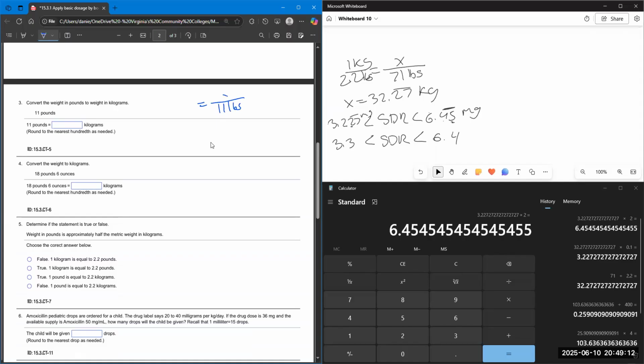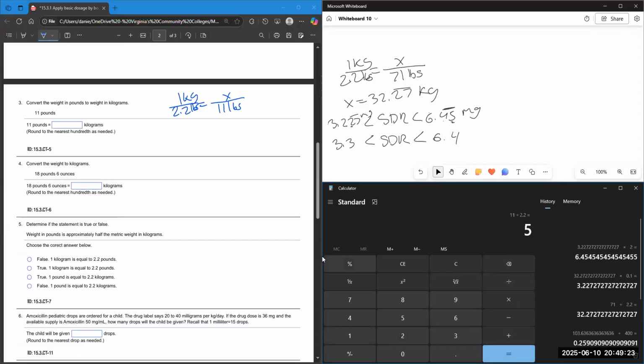11 pounds, 2.2 pounds per 1 kilogram. 11 divided by 2.2 is exactly 5. Then we have 6 divided by 16 plus 18.